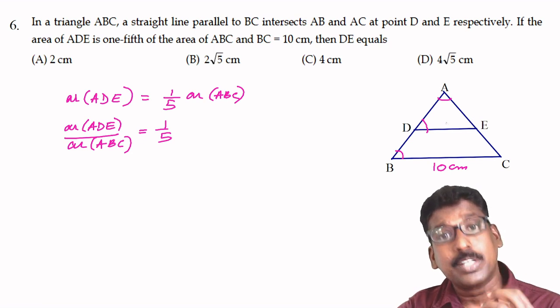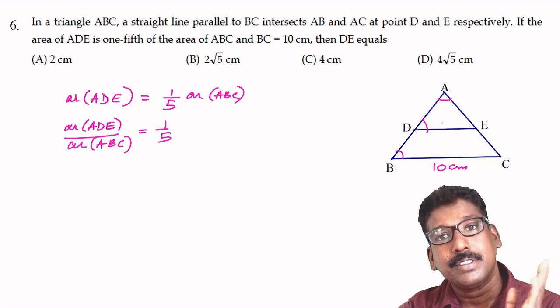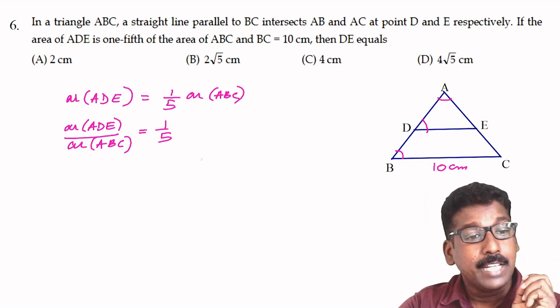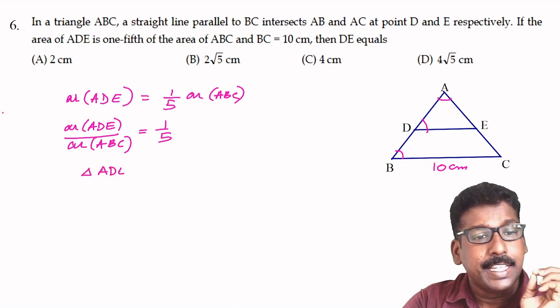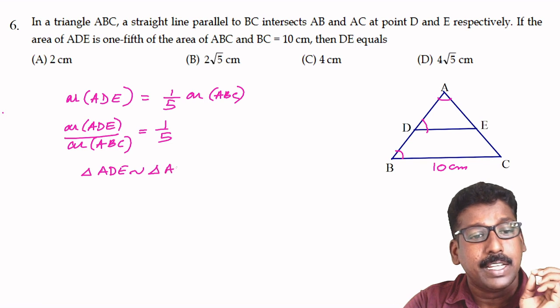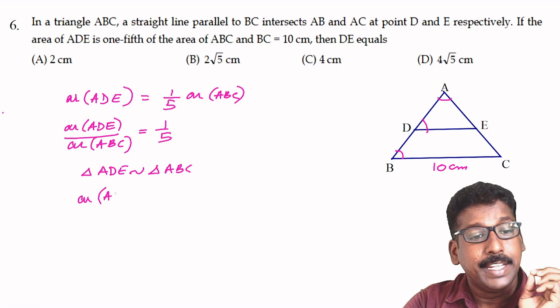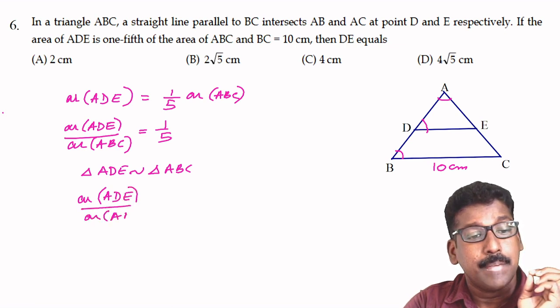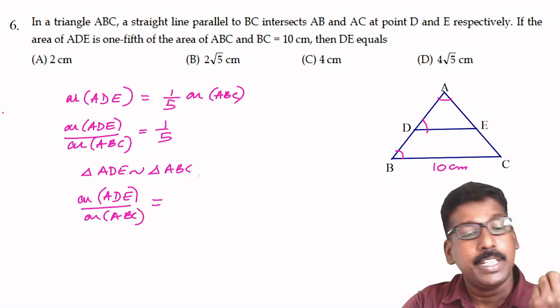If two triangles are similar, then the ratio of the areas of those two triangles is equal to the ratio of the squares of the corresponding sides. That is a theorem. So here you can write triangle ADE similar to triangle ABC. Area of ADE by area of ABC is equal to the square of any corresponding sides.